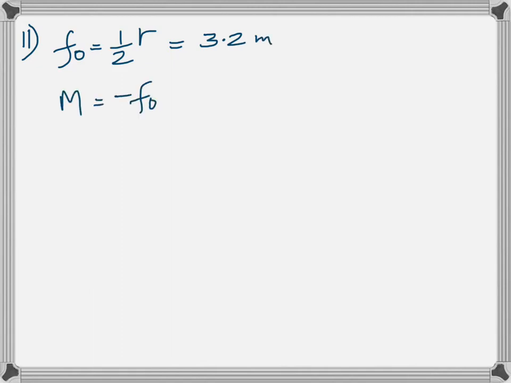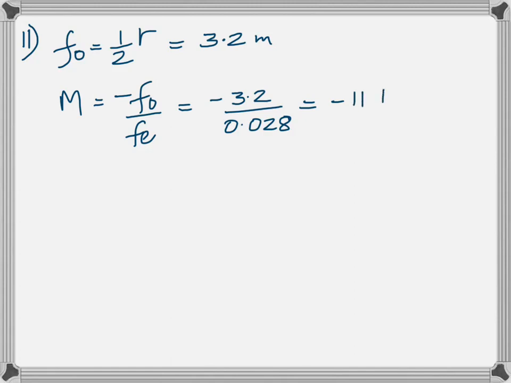Alright, 11th one. The radius of curvature of this reflecting concave mirror is given. So you can find the focal length as being half of that. And because it's a converging mirror, its focal length is positive. So now you have the focal length and of both.